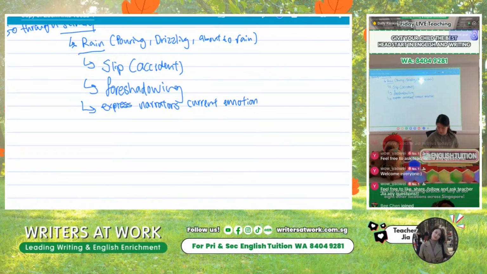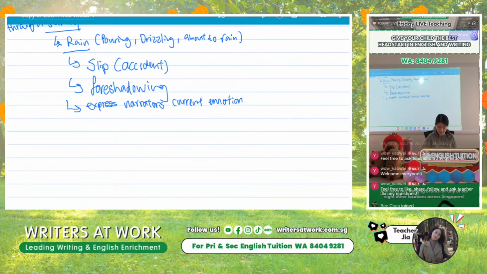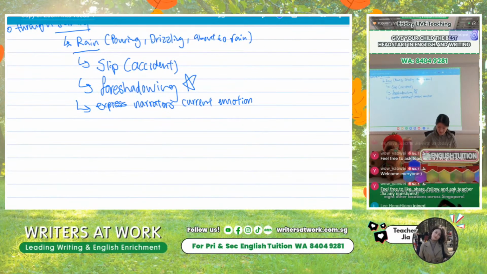And then we also have foreshadowing. Foreshadowing, like I mentioned before, you could say that something bad is about to happen. I like this one a lot because it adds that layer to your composition to show the teacher that this is not just a one dimension story, that things happen and the story starts and then ends. It is multi-dimensional.